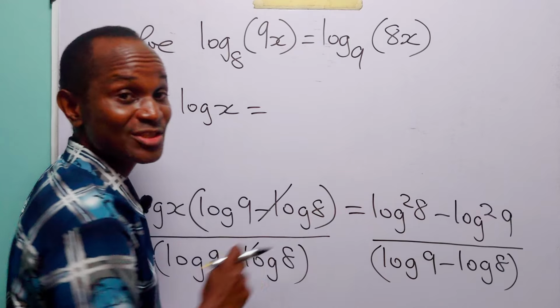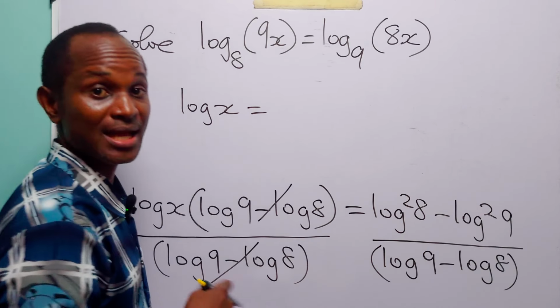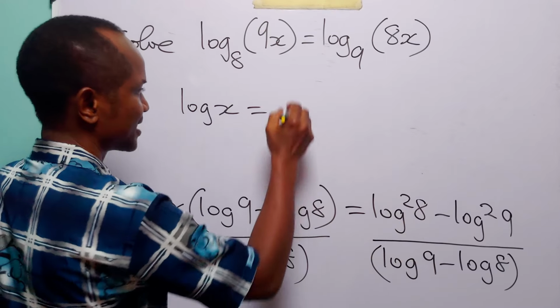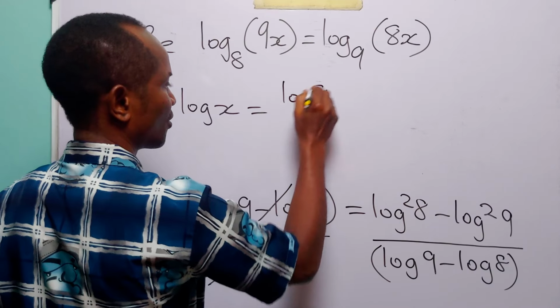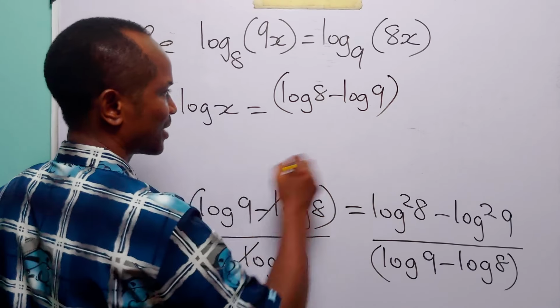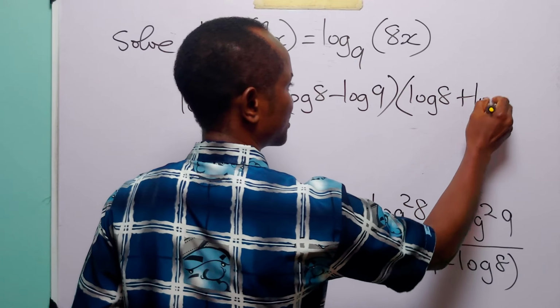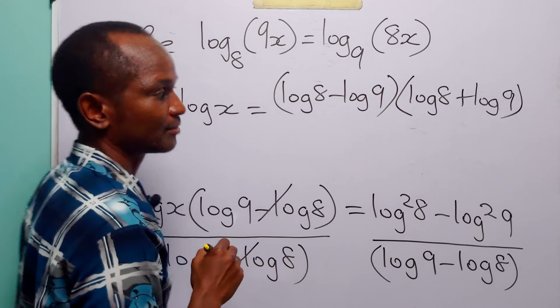Now, notice that in this numerator, we have the difference of two squares. And of course, we can factorize this as log 8 minus log 9 multiplied by log 8 plus log 9.